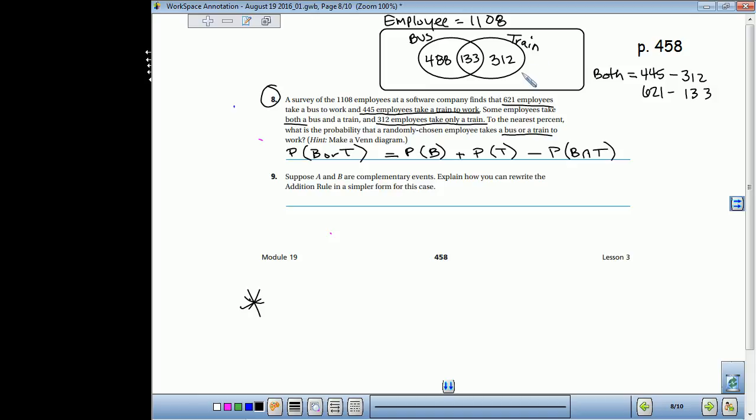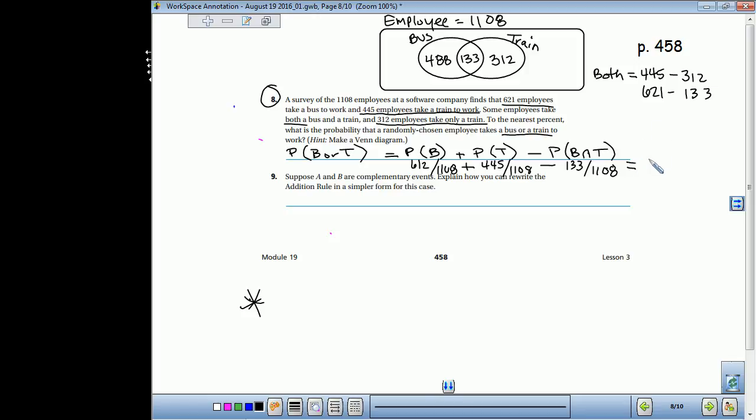But now we have everything we need, don't we? The bus was 621 out of 1108. The train was 445 out of 1108. And the bus and the train was 133 out of 1108.